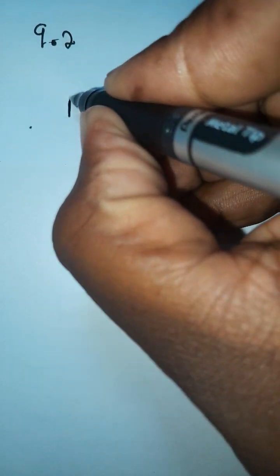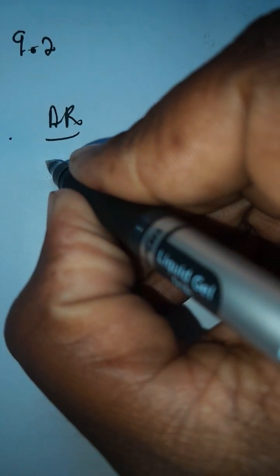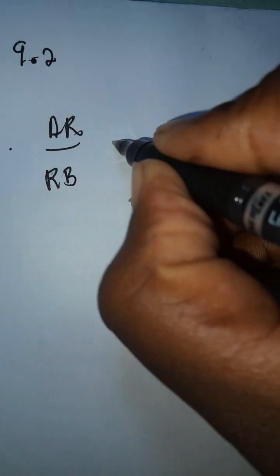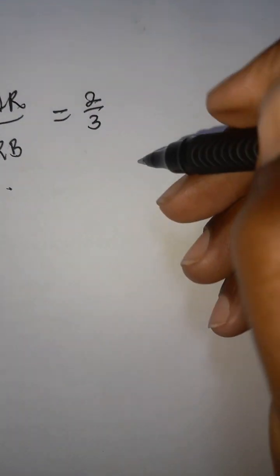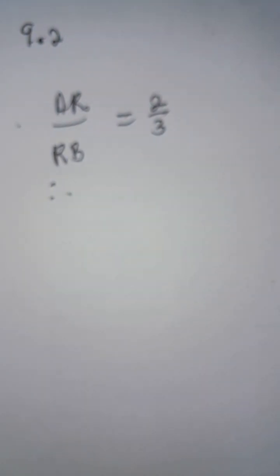Firstly, at 9.2, we did have AR divided by RB, which was equal to 2/3.